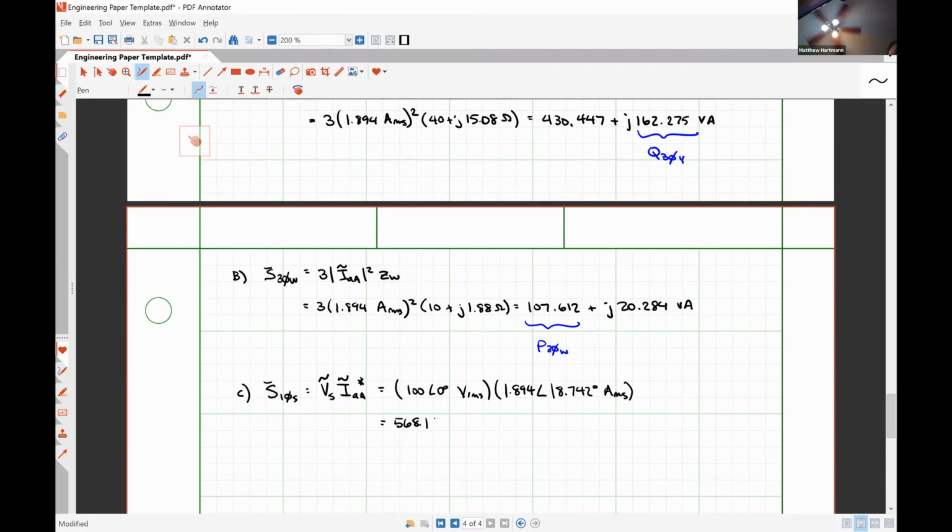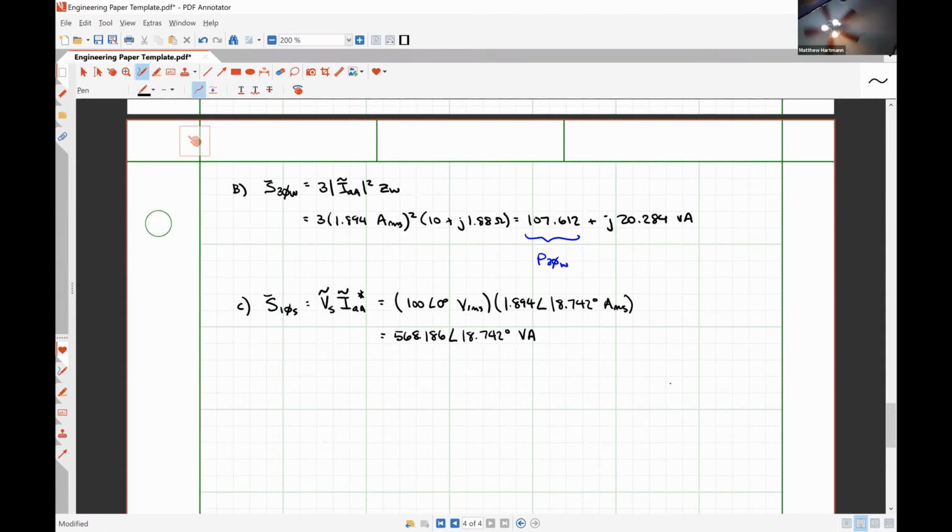0.186, angle 18.742 degrees volt amperes. And so our power factor at which our source is supplying power is the cosine of 18.742 degrees, which is 0.947.